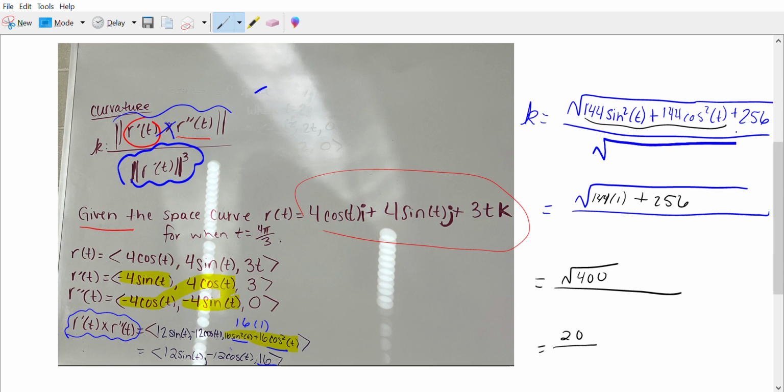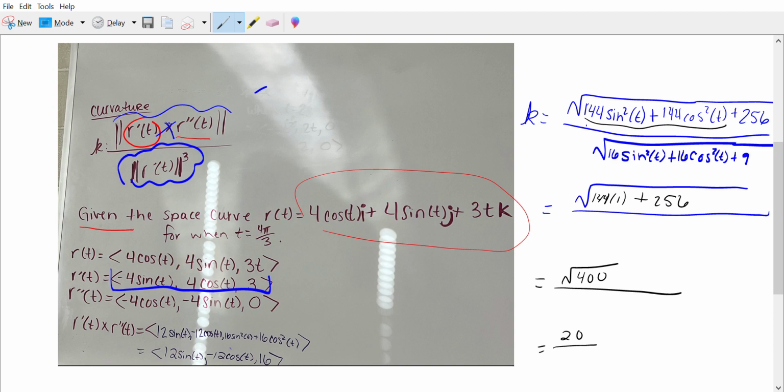So we're going to square the first, so that becomes 16 sine squared t, plus 16 cosine squared t, and then 3 squared is 9.